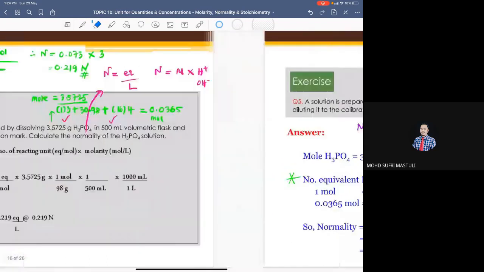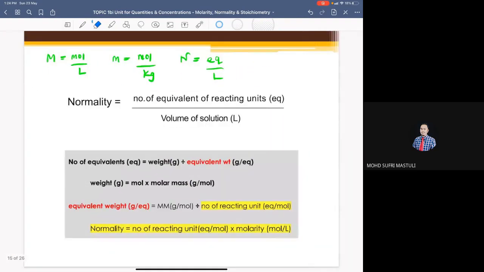This one uses this chemical formula. Number of equivalent is the mass over equivalent weight.